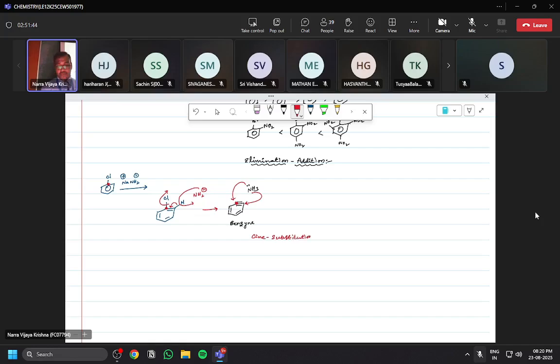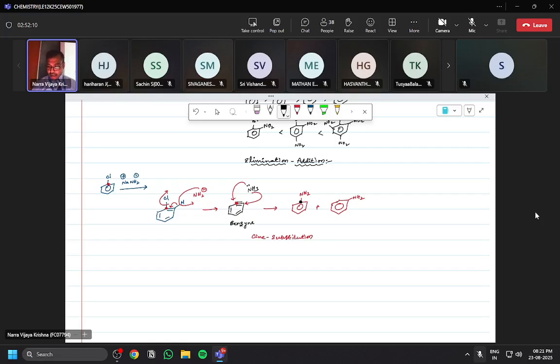That's why we get cine substitution. If it attacks here, this bond will shift, that H will come here, so you will get NH2. Or I may get NH2 here. Both seem to be the same, but are actually different. Here NH2 attacked the carbon from which chlorine is lost.